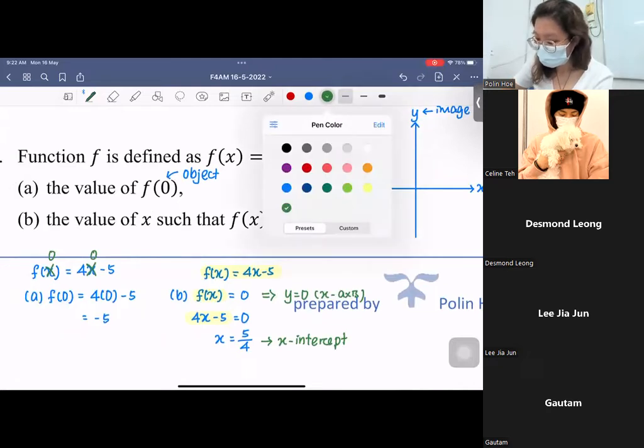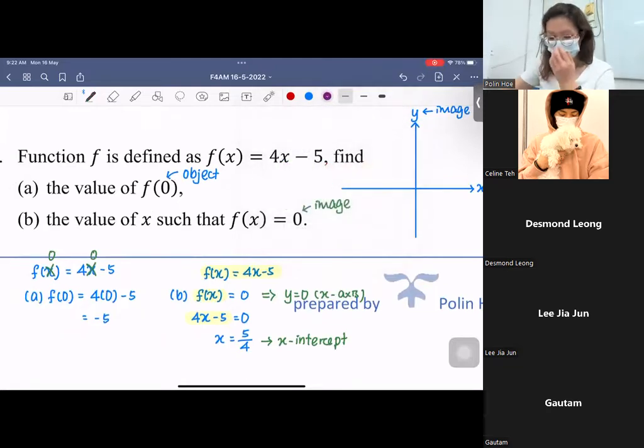Look at the other side. f(0) means your x is 0, so this will be on your y-axis. And this will be known as your y-intercept.